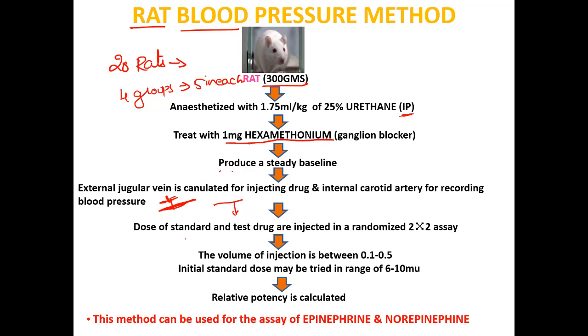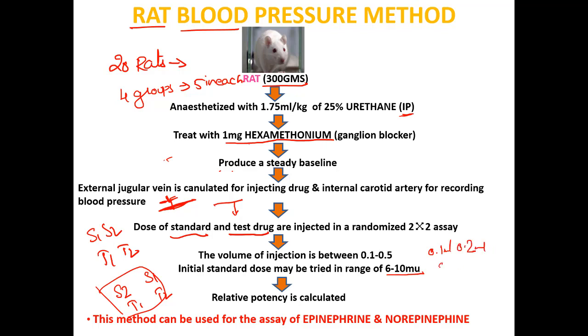Then you have to give the standard drug and test drug like S1, S2, T1, T2 and S2, T1 and S1, T2. We have to give it as a 2 into 2 bioassay. First we will start with 0.1 ml and 0.2 ml, 0.4 ml and 0.5 ml.